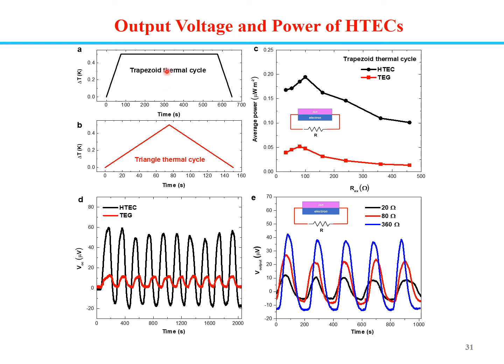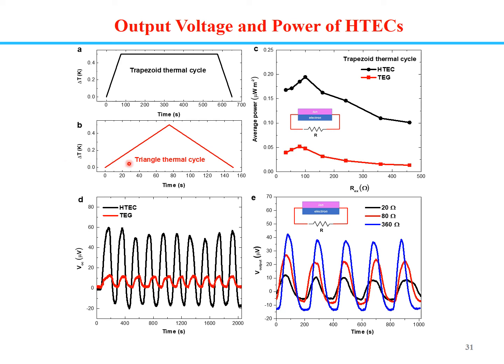Then we investigate the output power on an external load under such a trapezoid thermal cycle. The output power of the HTEC is 4 times or more than the control TEG with PEDOT:PSS, and the optimal external resistance of HTEC is quite close to that of TEG.